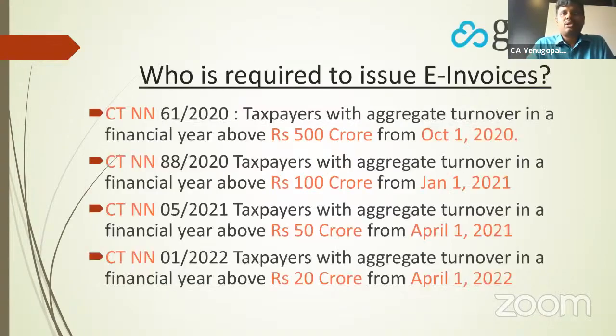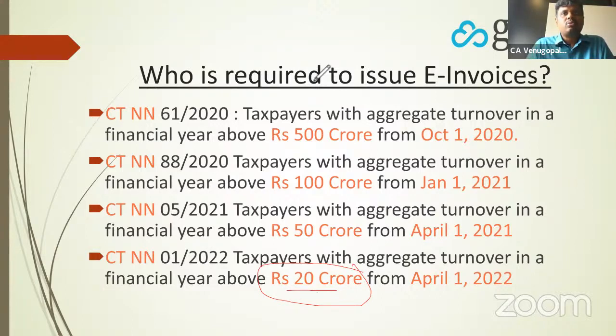So that is what is going to be happening. As of now, those with more than 20 crores are live doing e-invoice. This is the current threshold. The current threshold for people doing e-invoice is more than 20 crores.